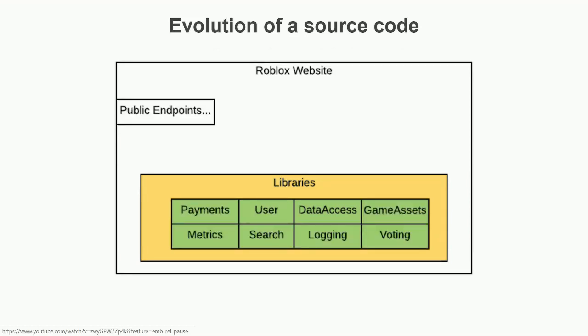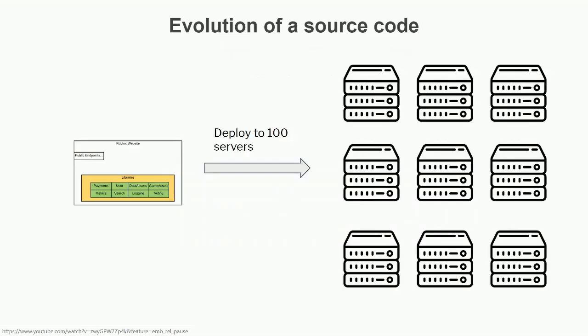Then you evolve that, and you have a lot of public endpoints and a lot of libraries. Now, if you're very lucky, you get the chance to deploy this thing to 100 different servers, and everything works great. Until it doesn't.